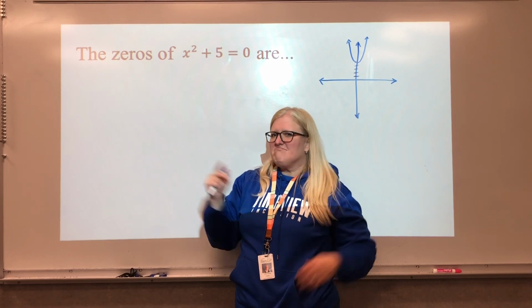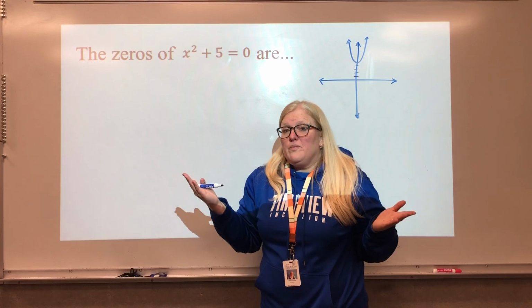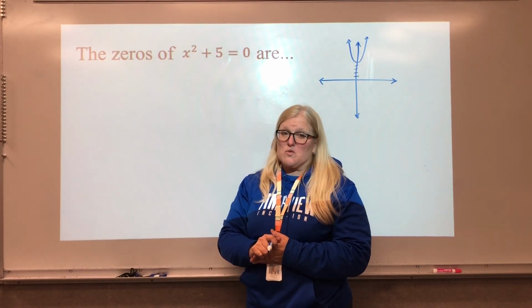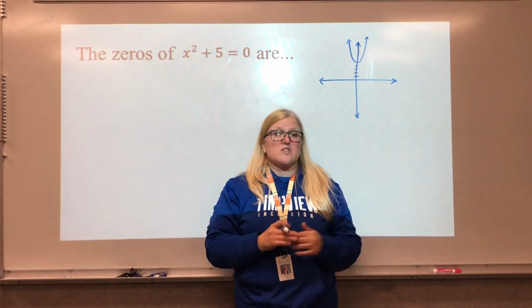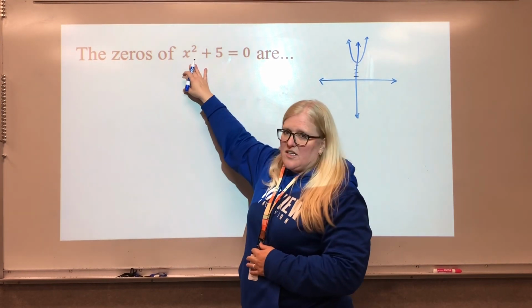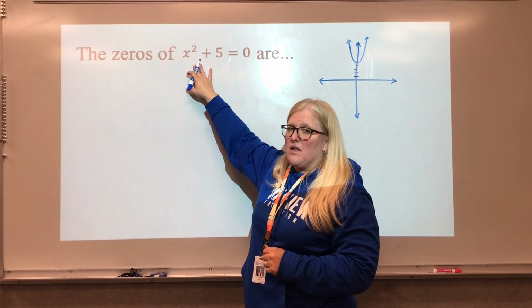Yeah. So am I lying to you? Well, no. This polynomial just doesn't have any real roots. It's real roots that cross the x-axis. So let's solve for x, and I'll show you what kind of roots this polynomial has.